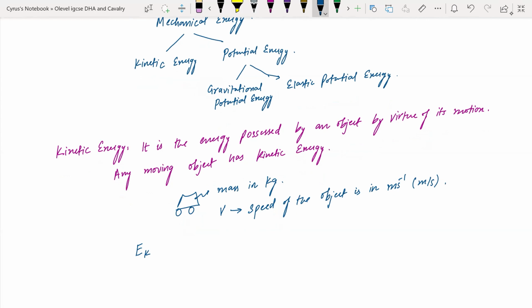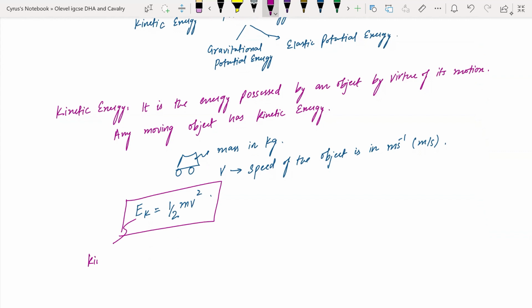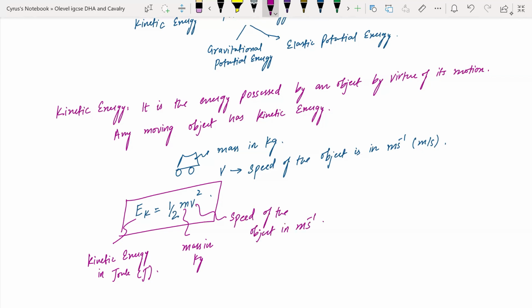E with a subscript k, E k is for kinetic, it's going to be half mv squared. Square will definitely come on v. This is the kinetic energy in joules. This is the mass in kilograms. This is the speed. If the mass is in grams you have to convert to kilograms if you want the answer in joules. If the speed is in kilometers per hour you have to convert it to meters per second. This is the speed of the object in meters per second.